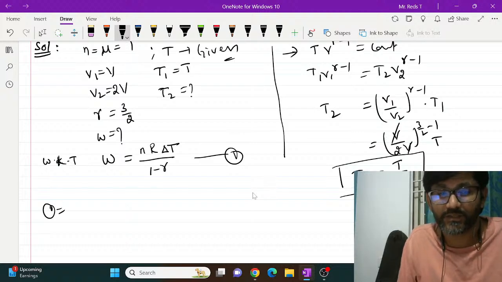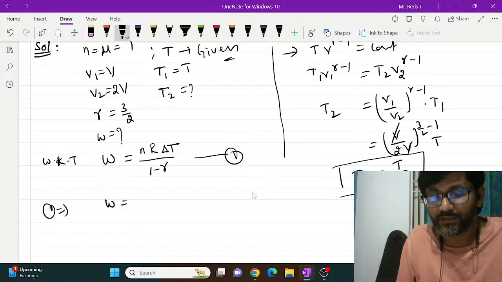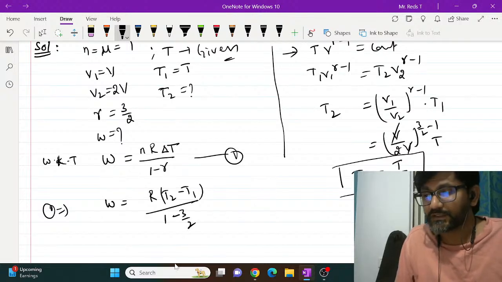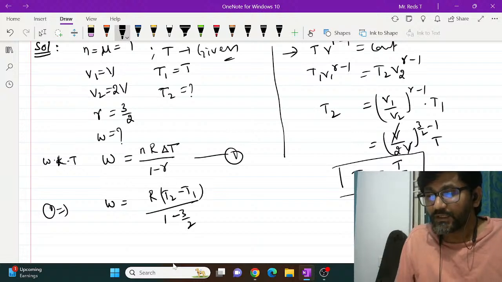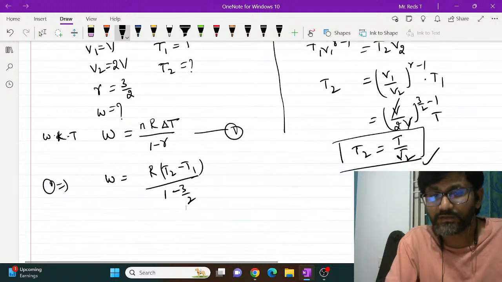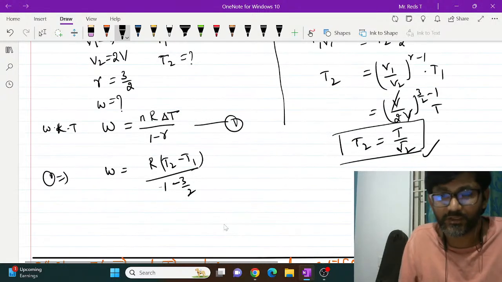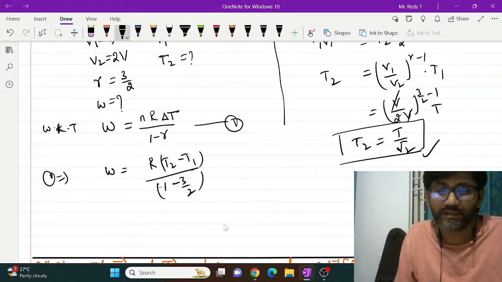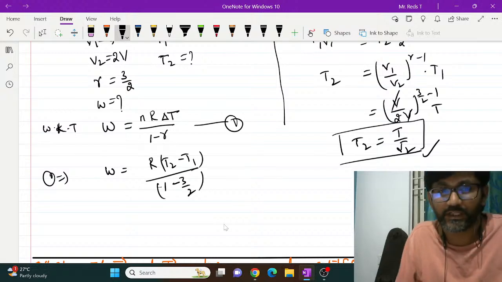So equation 1 implies the work done in an adiabatic process, where n is the number of moles, for 1 mole, is R into T2 minus T1 by 1 minus gamma, where gamma is 3 by 2. If it is given with a sign, you have to take accordingly, otherwise for only the numerical magnitude part you have to take.